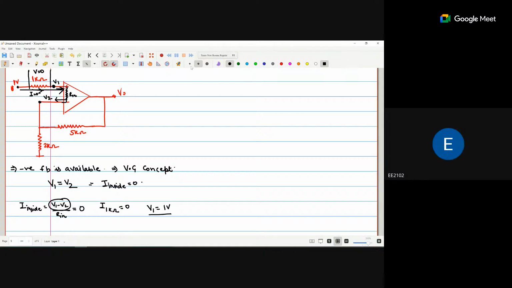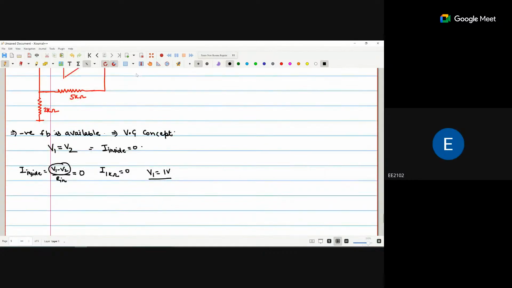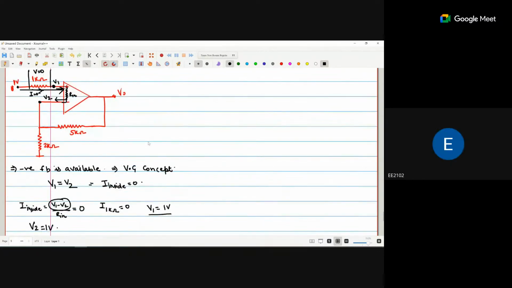Now if V1 is 1 volt, we say that V2 is also 1 volt because of the virtual ground. Now the path is that: inside, no current will be flowing. Current will be flowing in this way, in this way, and in this way.